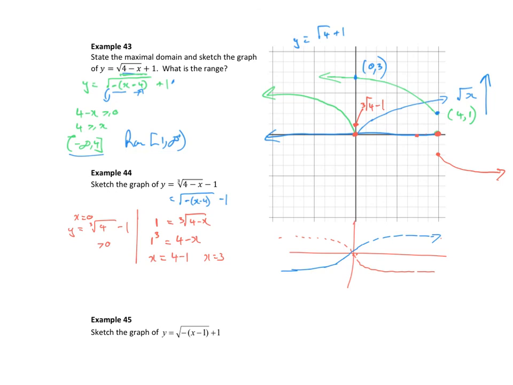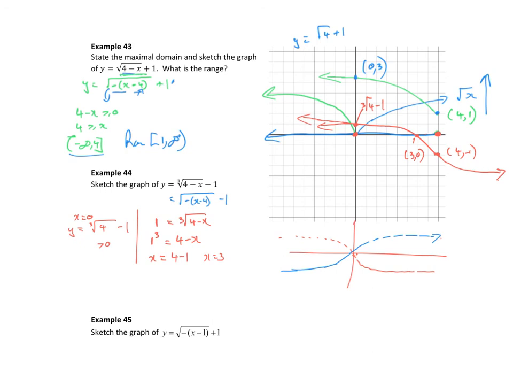So my graph looks a little bit like that. Okay, that probably should be increasing a little bit in reality. And we probably could just label that key point there as 4, negative 1. Okay, that one there is the point 3, 0.